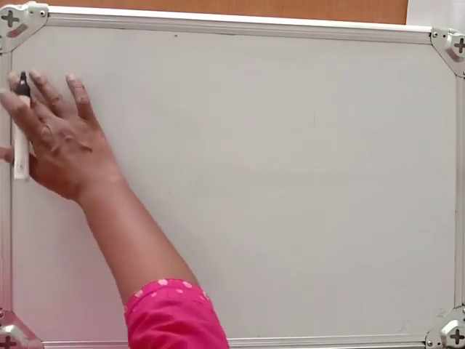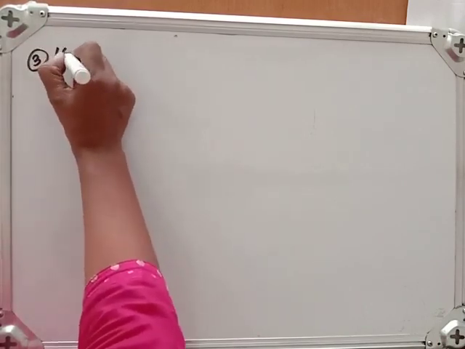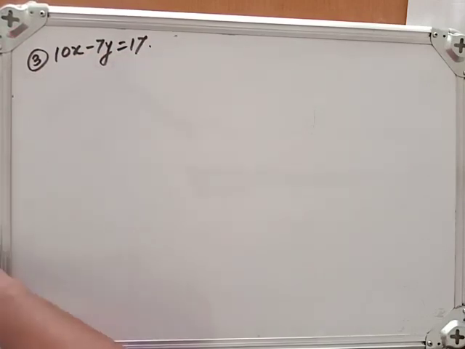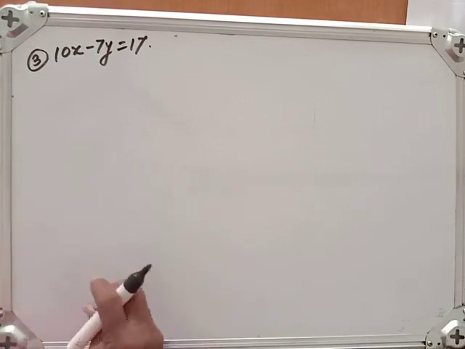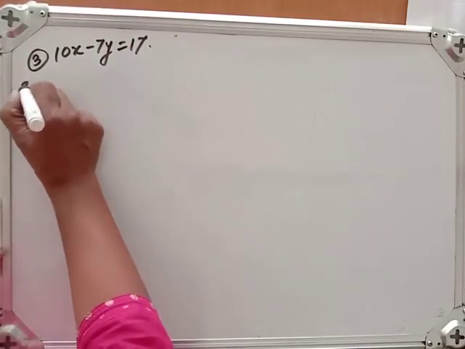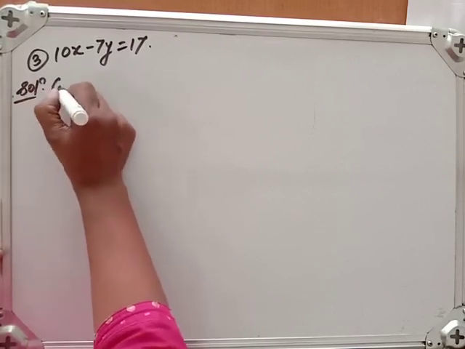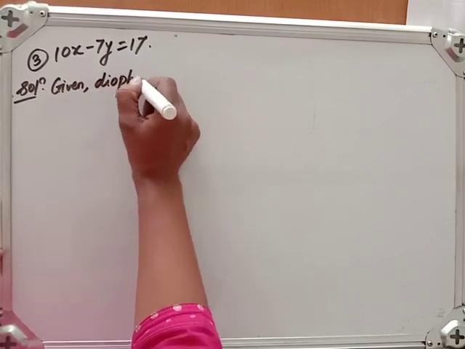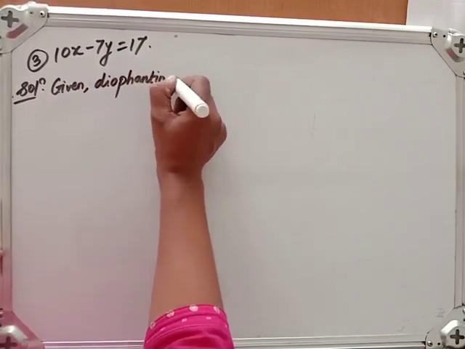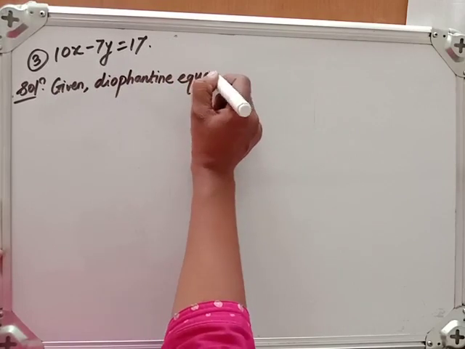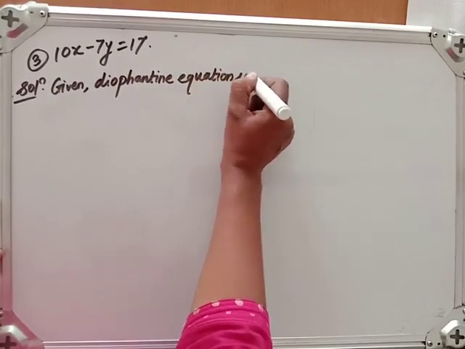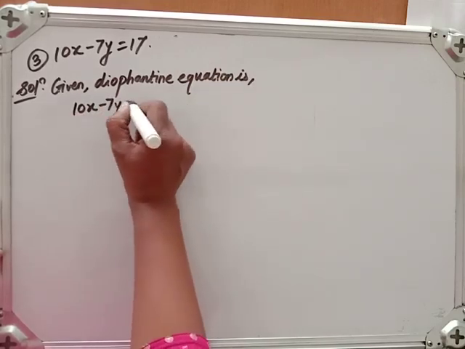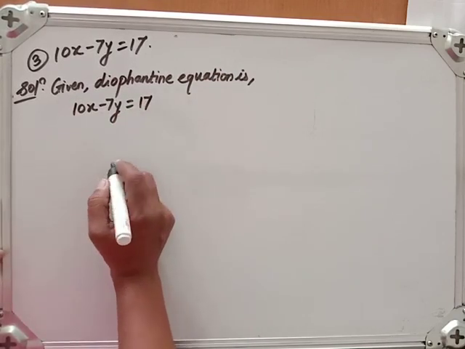Third, 10x - 7y is equal to what? 70. Let us take this. Now solution. The given Diophantine equation is 10x - 7y is equal to 70.